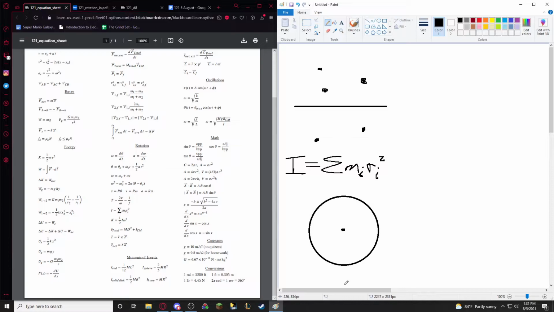I remember that there are two vectors, so the force vector and the displacement vector, or like the distance from a set point that we're calculating the torque at.